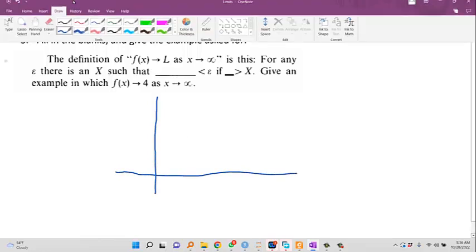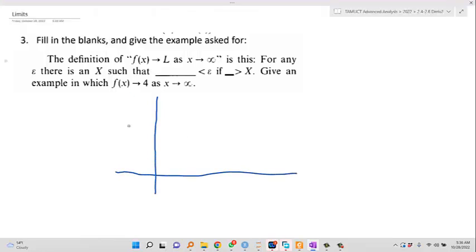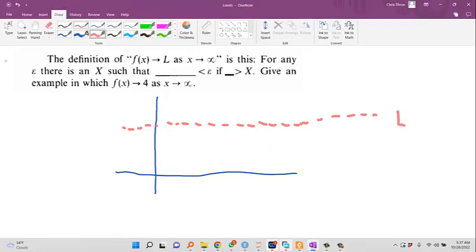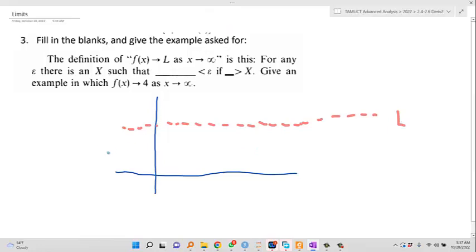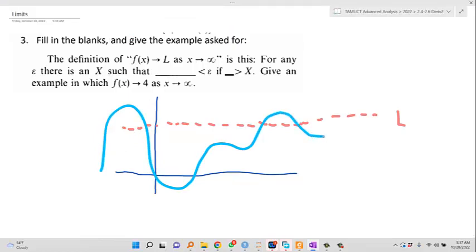Well, we can also draw L. L is going to be, we can think of L as a horizontal line, and the value of f is going to approach L. So the function may be quite irregular, but what it's saying is that as you go out here, the function wiggles, but it's getting closer and closer to L. So this is my x-axis, this is f of x, and that's the value of L.